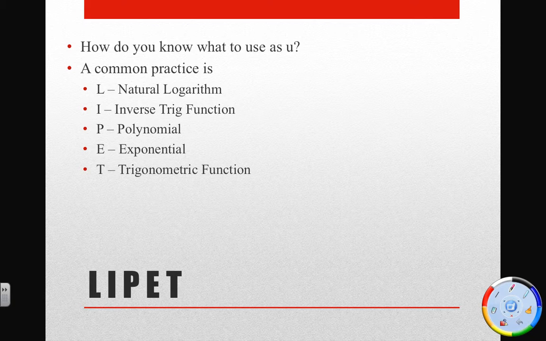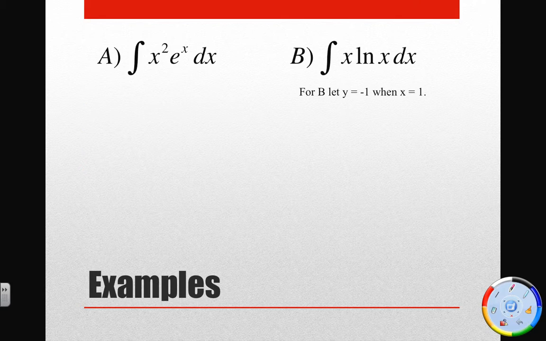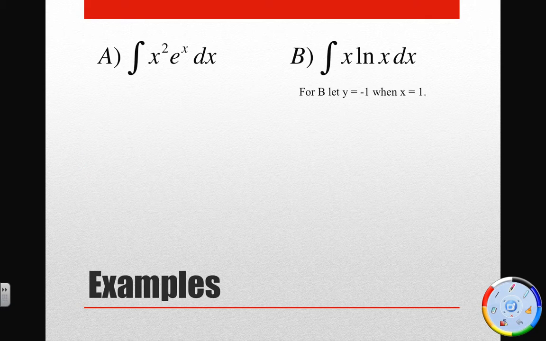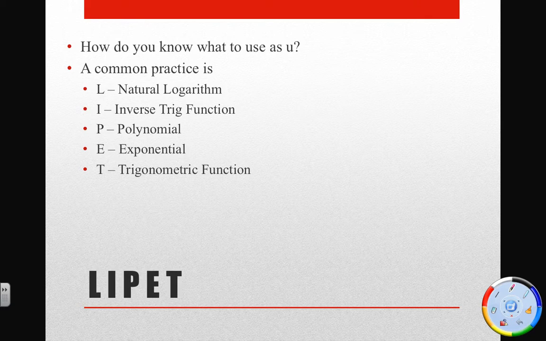Obviously, the more practice you get, the better you'll get at this. So here are two examples. For this first problem, it's x squared e to the x. x squared is a polynomial and e to the x is exponential, so I probably want to start with the polynomial.